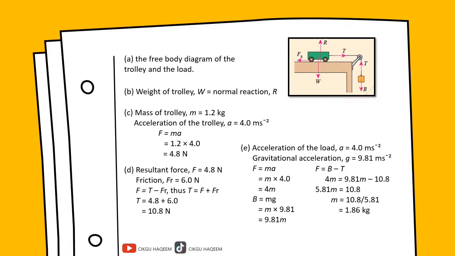So this is the mass of the load that is pulling the trolley with an acceleration of 4.0 meter per second squared.